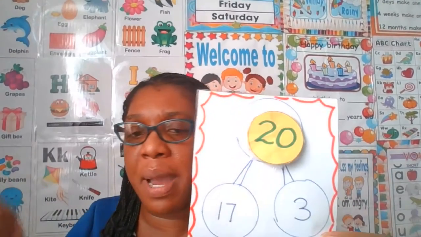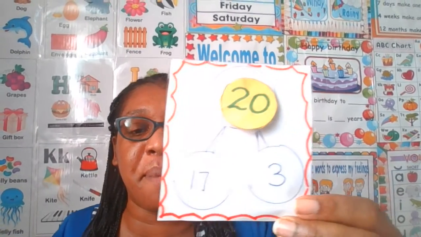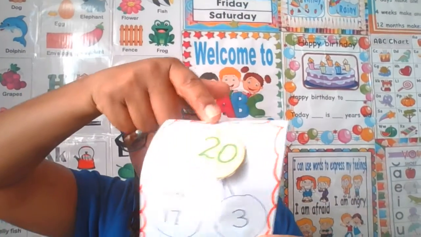Number bonds, number bonds. I know my number bonds. Two halves make a whole.